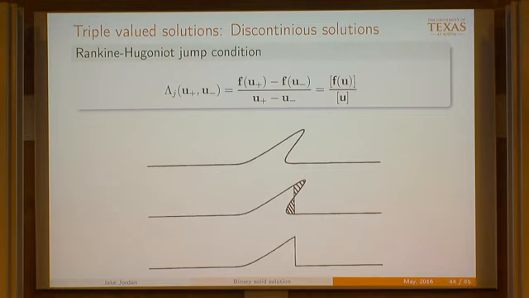What happens is if the back of some wave is moving faster than the front, they meet at a point and kind of push against each other, as you could imagine it, and they move together as a traveling discontinuity. And the way we've handled this is using the aforementioned Rankine-Hugoniot jump condition, which is essentially a mass or energy balance of the shock across the discontinuity, and it's written this way, the flux over the total change.